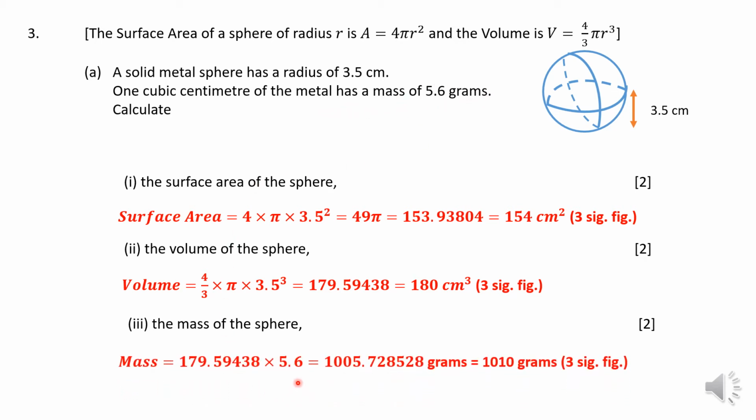So you multiply the 179 point something cubic centimeters, which is the volume, by 5.6 to get the mass of the whole sphere, which gives you about 1010 grams. That is how you answer that question. Some people answer in kilograms, but it doesn't matter. We wanted the answer in grams here.